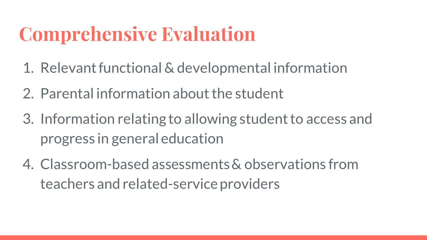Number 3, information relating to allowing students to access and progress in general education. So this is going to include your academic achievement, your skill-based assessment, any information on the day-to-day things they can do. And number 4, classroom-based assessments and observations from teachers and related service providers.